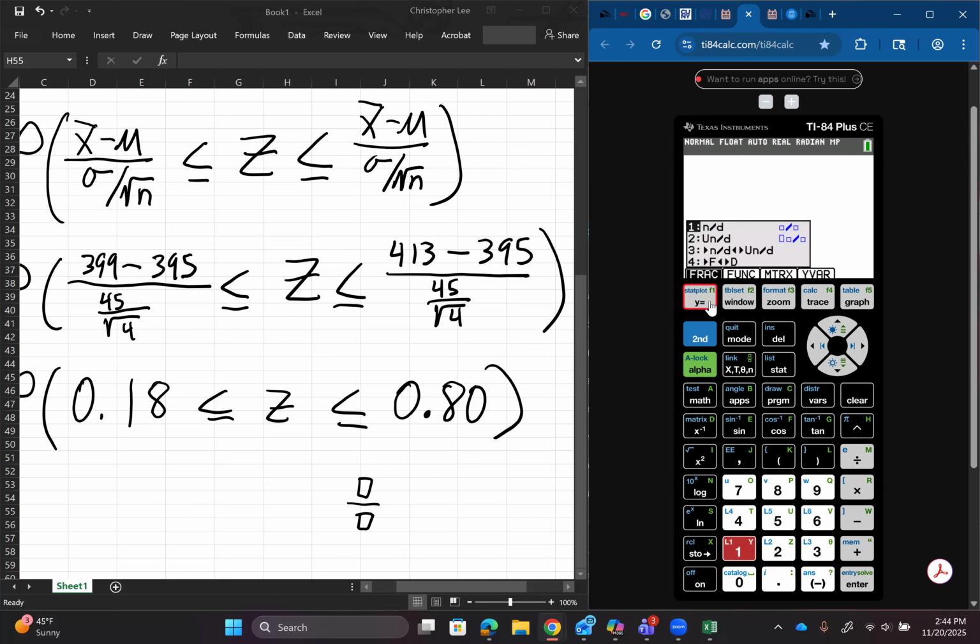My process is a little bit different, but it should be 399 minus 395. Then you're gonna go down, and then do the fraction button again, right above the 7. And then you have 45, then you go down, and then you do second square root, and then you press the 4, and then you get it.